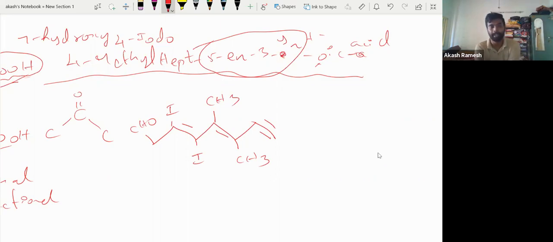I'll give you 1 minute's time. Give me the name of this compound. Remember, for prefix, suffix, secondary suffix, for everything, 3 questions: what, where, how many?